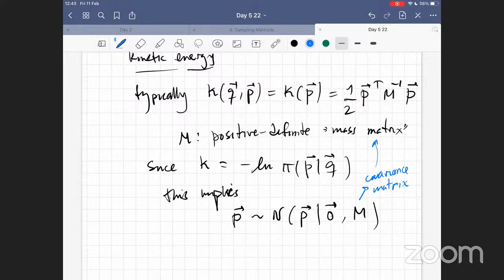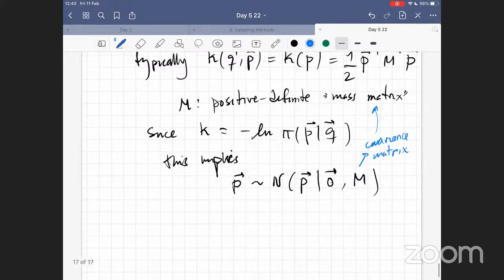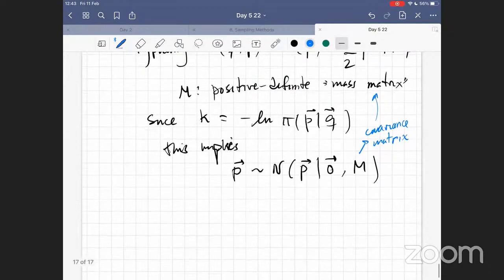So this mass matrix is like the covariance matrix of the distribution for P.